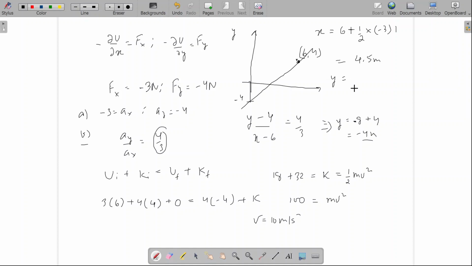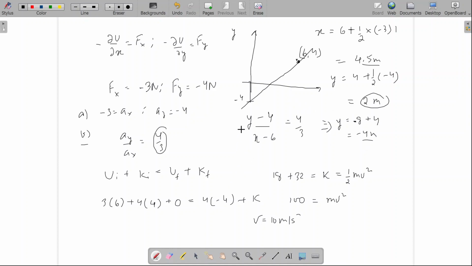And the y coordinate is initially 4 plus half, and the acceleration in y direction minus 4. That is 2 meters. So that means the coordinate of the particle at 1 second would be 4.5 meters, comma 2 meters.